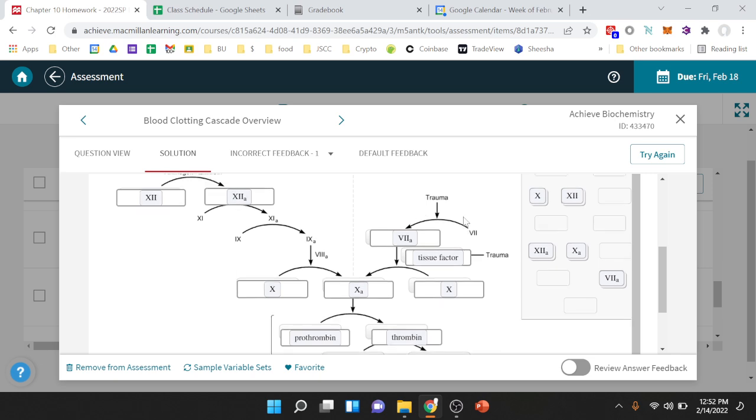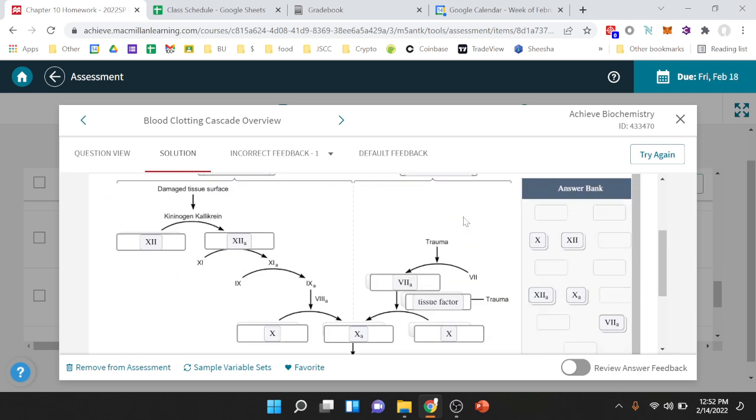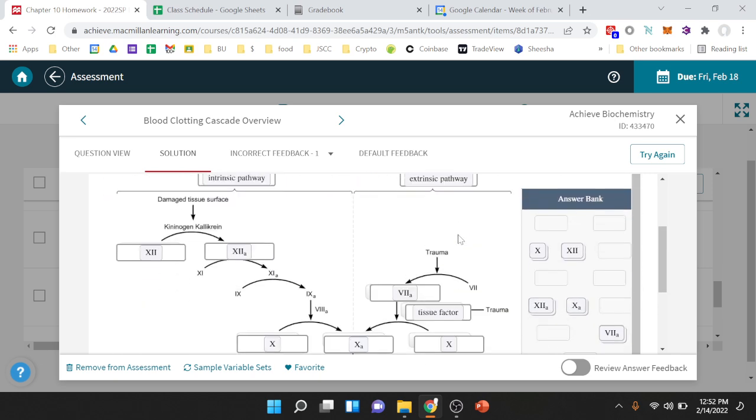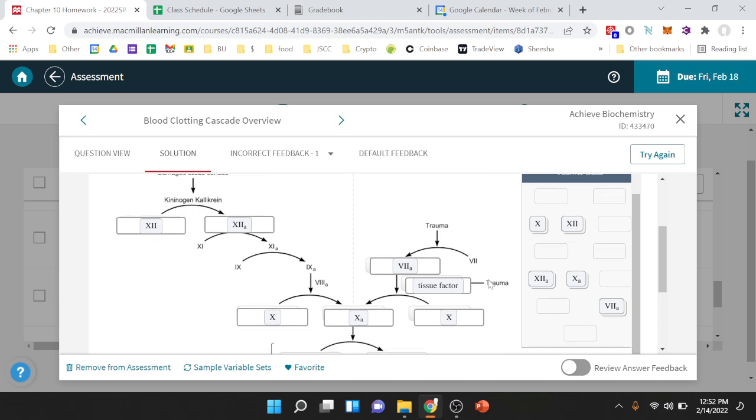Okay, I'm going to go ahead and do this extrinsic pathway now. All right. So we experience a trauma, but interestingly enough, the trauma can actually cause 2 slightly different activations. Okay, we can get 2 different things. So we get tissue factor from the trauma and see this dead ends, okay?